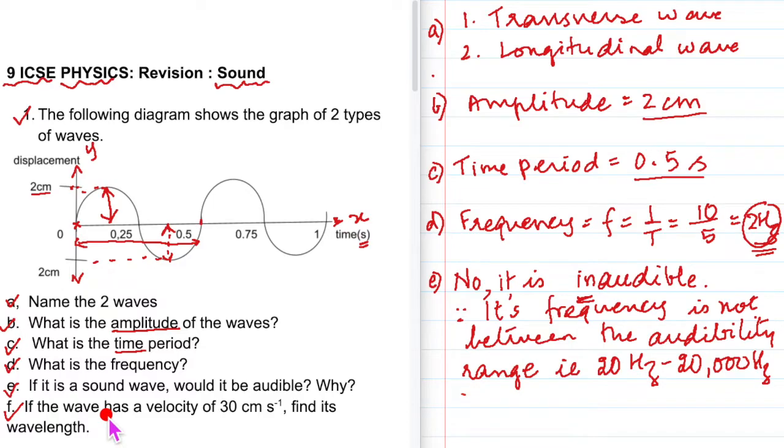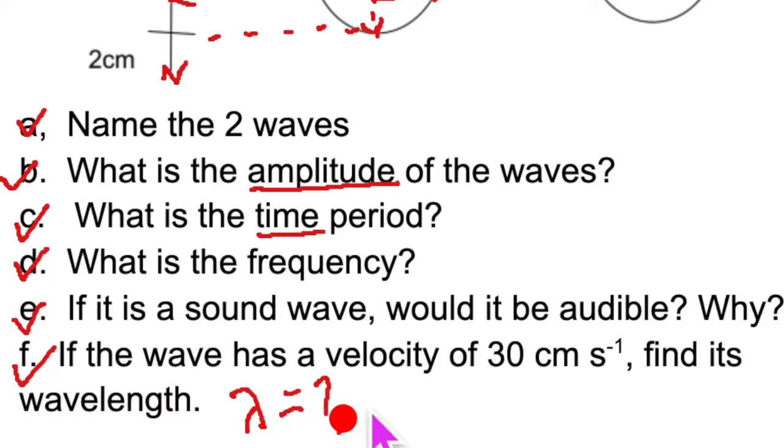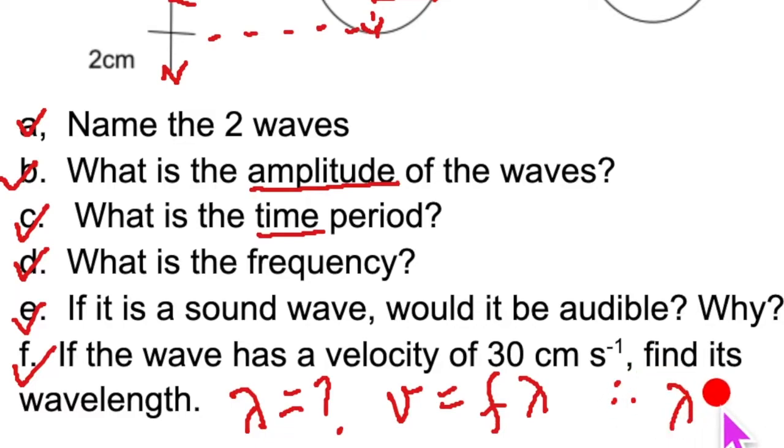Now we come to F. If the wave has a velocity of 30 centimeter per second, find its wavelength. So v is equal to 30 centimeter per second, and we have to find out the wavelength, which means lambda equal to how much. Now we already know that v is equal to f lambda. Therefore, lambda will be equal to v upon f.